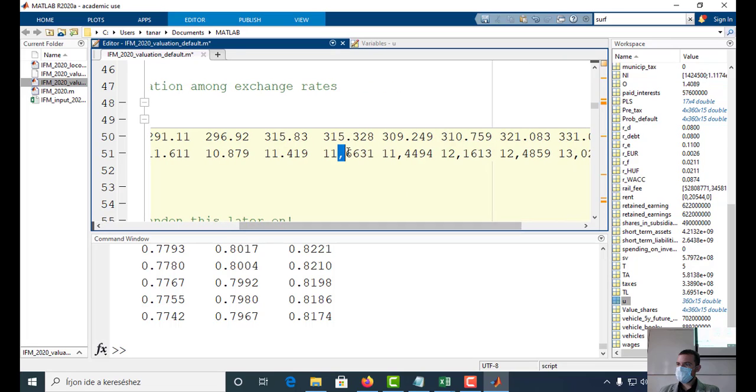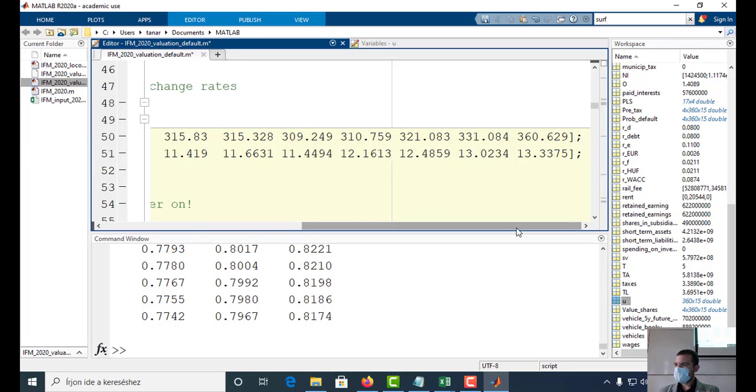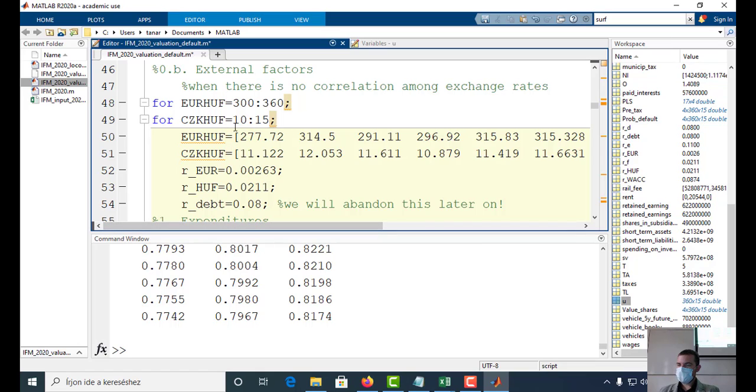After that we can have all the data from the last 10 years and we can backtest everything. So after that we can get rid of this kind of for cycle.